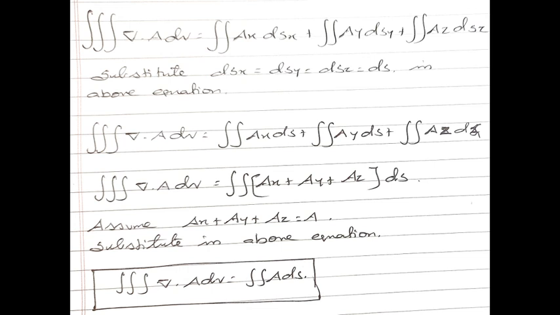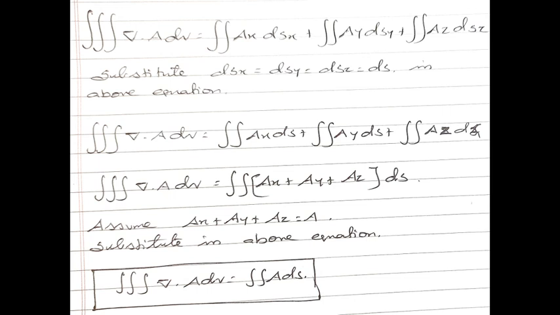In the above equation, ds is a common term, so we take ds as common. Then we get the double integral of (ax plus ay plus az) ds.